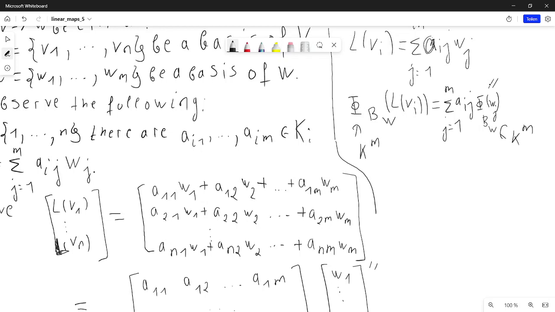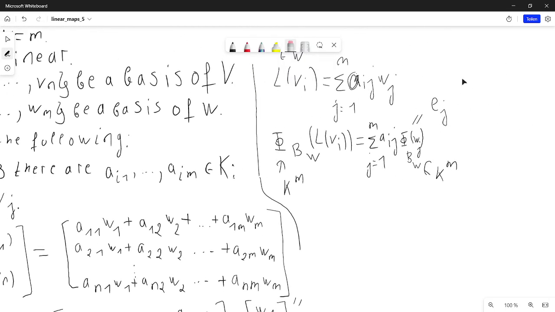If you think about it, how do you represent this vector with respect to the coordinate space? Of course, it's e_j in K^m. That is the vector. What is e_j? We call it the usual notation for the vectors in the standard basis, but now our 1 is of course in K.